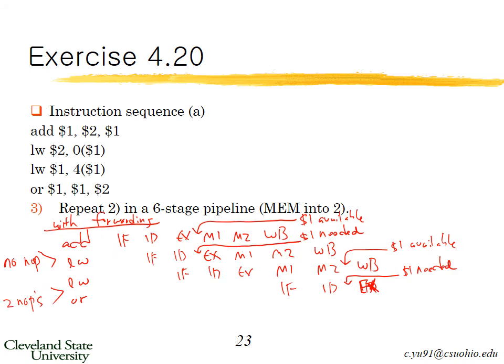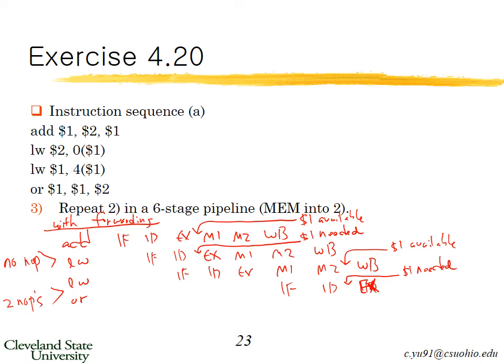With the forwarding mechanism, you just need to see when the value is available and when it is actually needed. And you can easily see that for the first case, we don't need no operation at all. So the forwarding mechanism resolves the case.